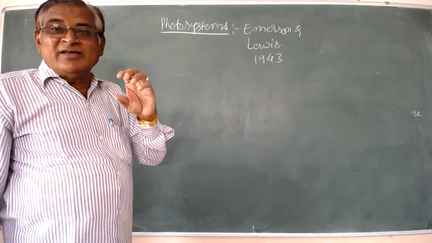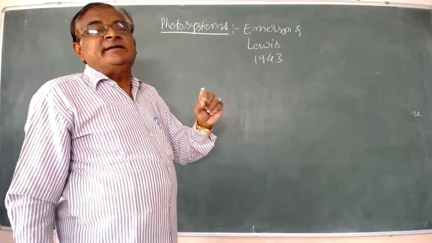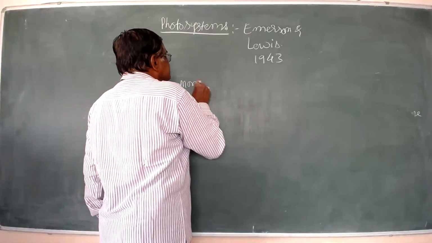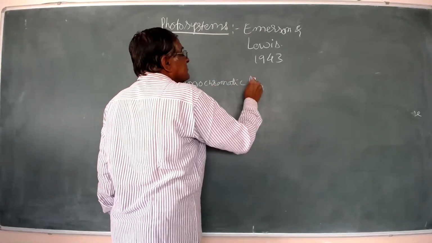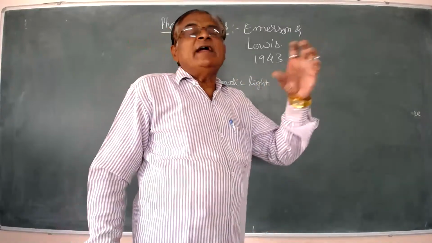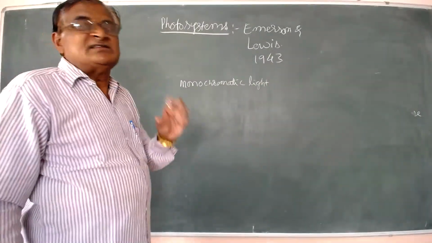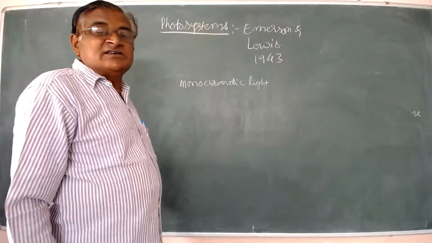He was working with monochromatic light, a single light with different wavelengths, that we call monochromatic light. A quanta of light was exposed to the chlorophyll molecule, quanta meaning a packet of energy. So he was working with quanta of energy at different wavelengths of light.